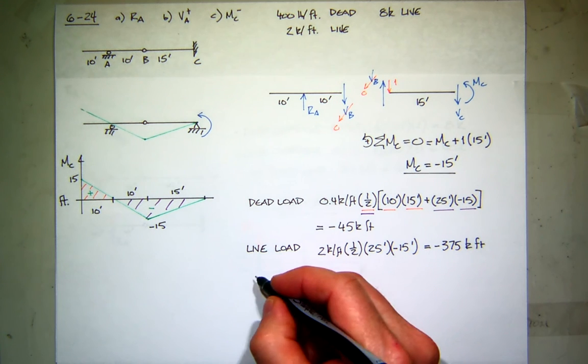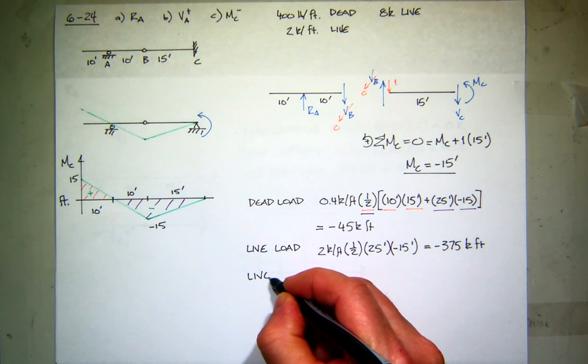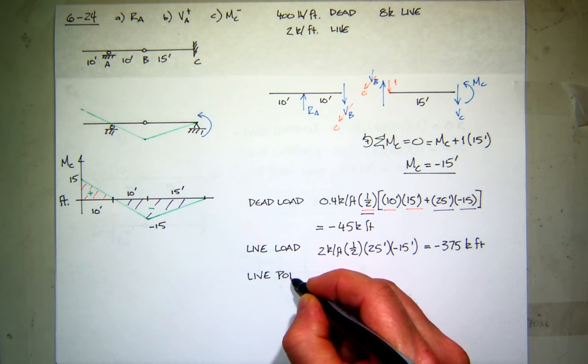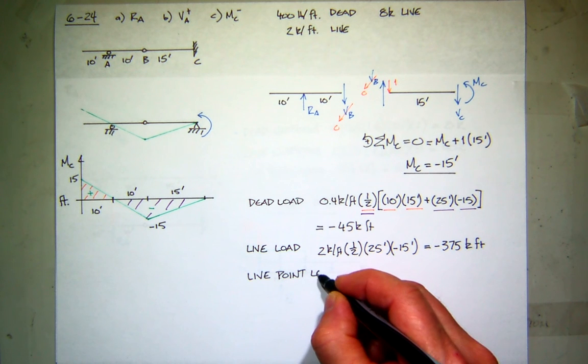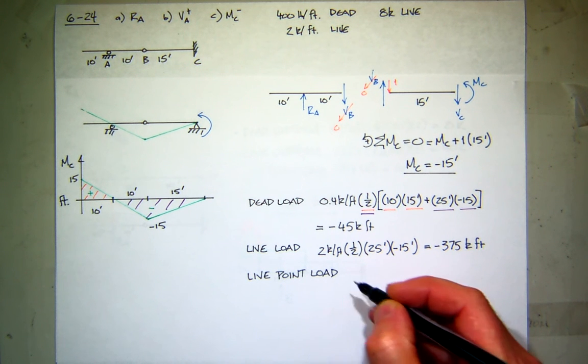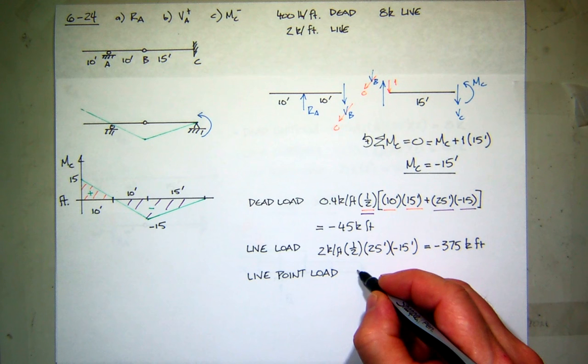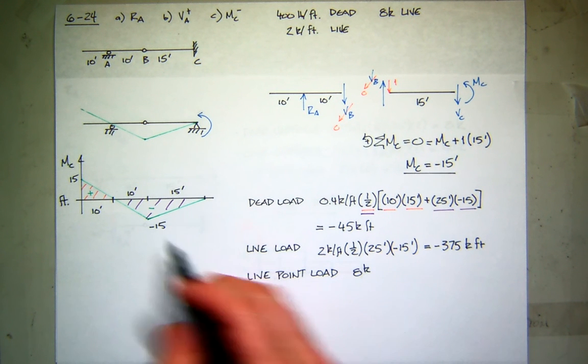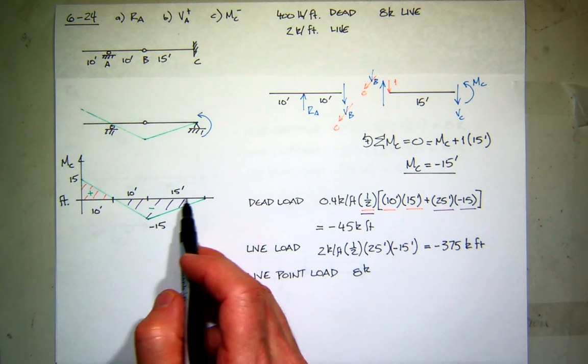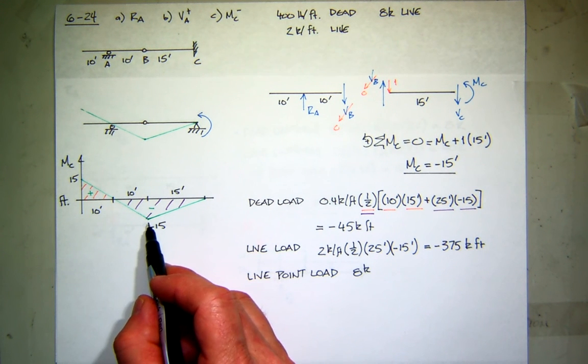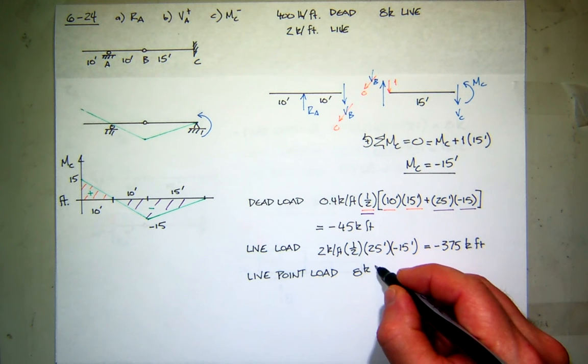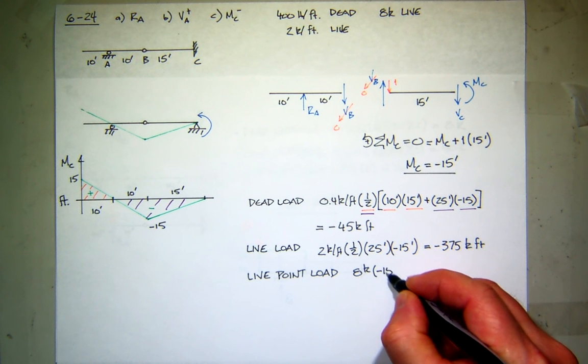So then finally we get the live point load. So where should it be to create the maximum negative moment? Well, find the maximum negative value on the curve, and it is negative 15. So that'll be 8 kips times negative 15 feet.